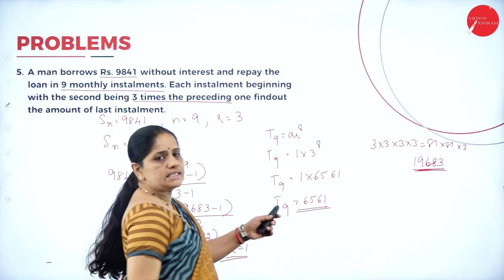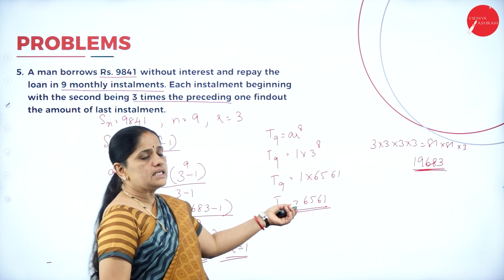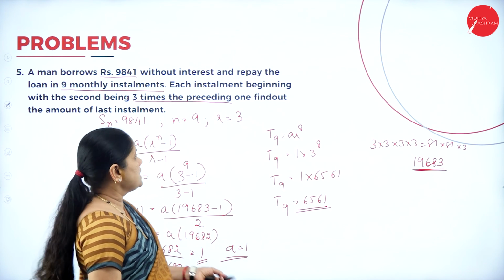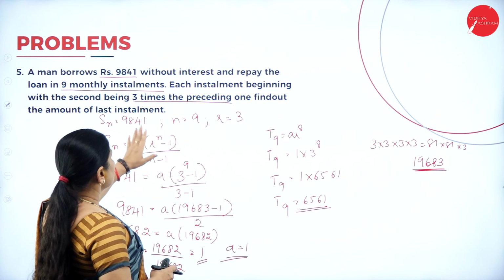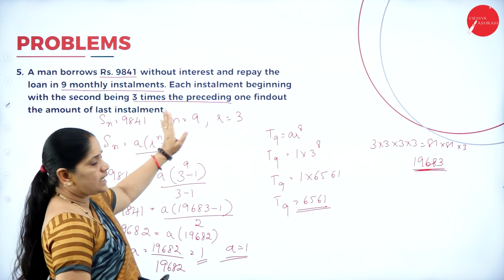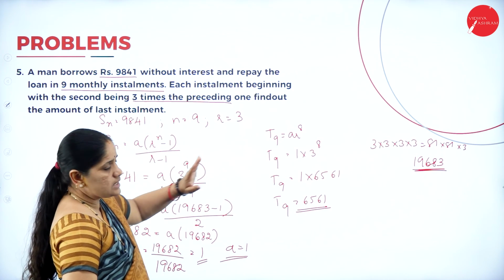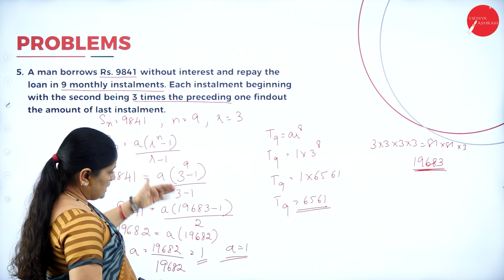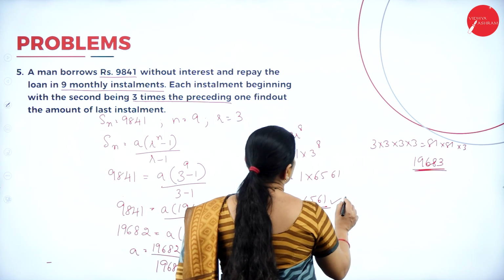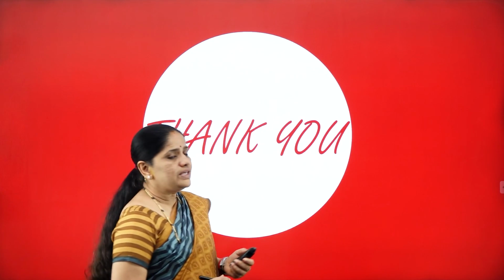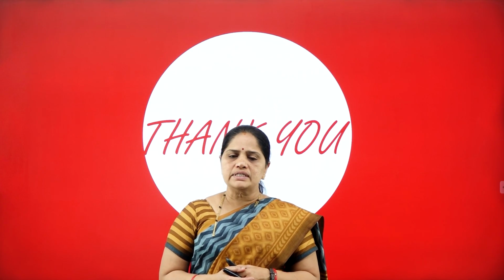So, in the last installment, he has paid 6,561. So, when you are getting problems of this kind, first you find out what is Sn, then what is N, then what is R, apply the formula, substitute the values, then we get the answer as 6,561. So, with this, we come to the end of this session.